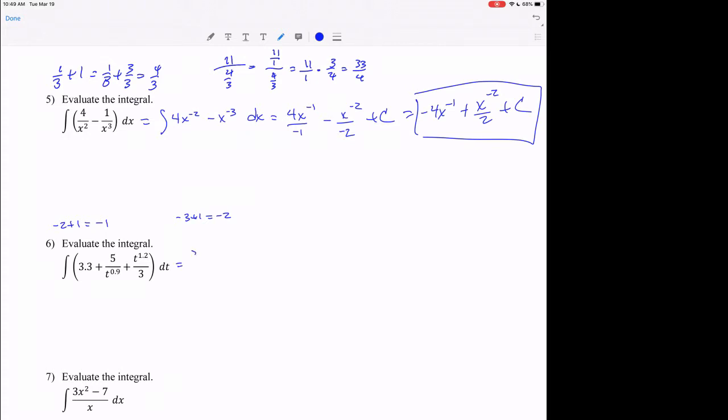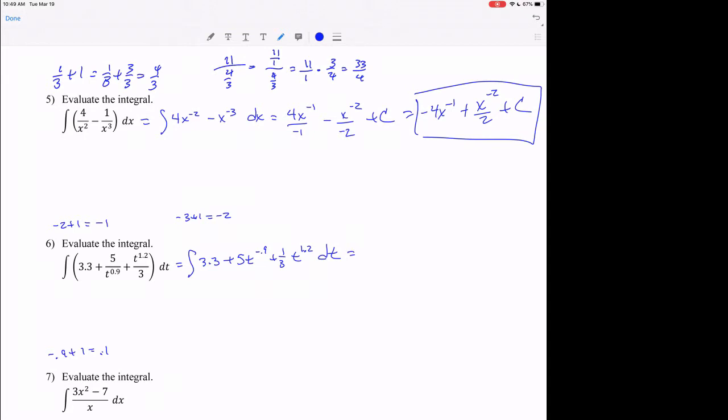So this is the integral of 3.3 plus 5t to the negative 0.9 plus, and I'm going to rewrite this as 1/3 t to the 1.2 dt. So negative 0.9 plus 1 is 0.1.